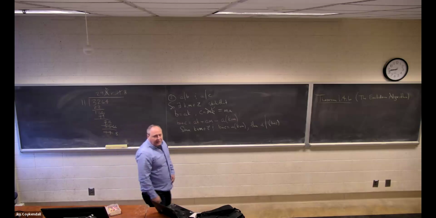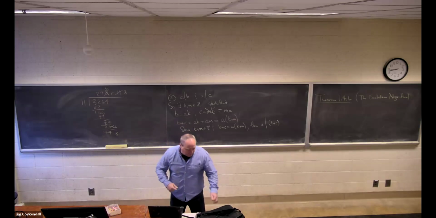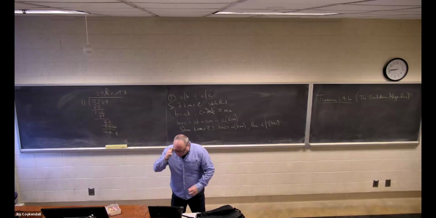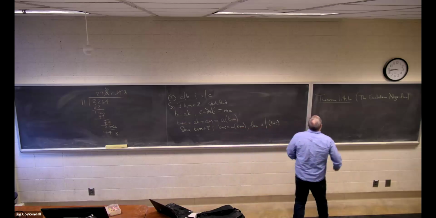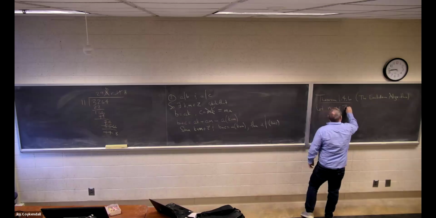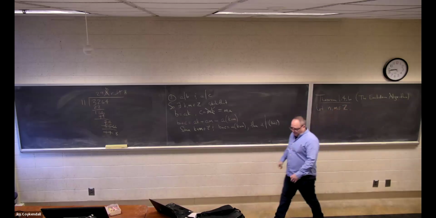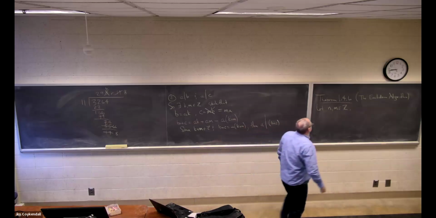If you know that, that's the Euclidean algorithm, essentially. You can divide by something and get a remainder less than. Let me state it formally. Let n and m be integers, with m not 0.